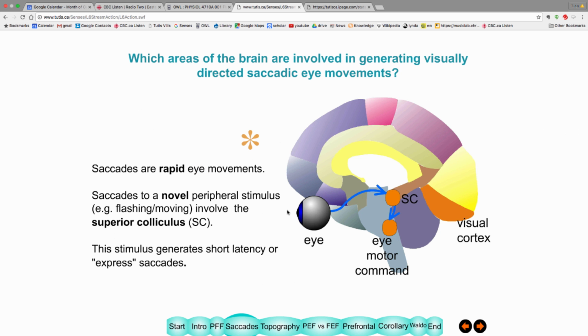Okay? So this area is activated by something unexpected flashing somewhere in your periphery. And if something like that happens, if one of you raises your hand, that'll signal this pathway, and I will look to, hopefully, whoever it is that has his or her hand raised.